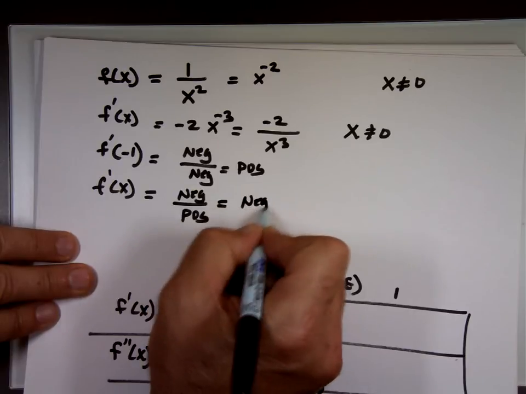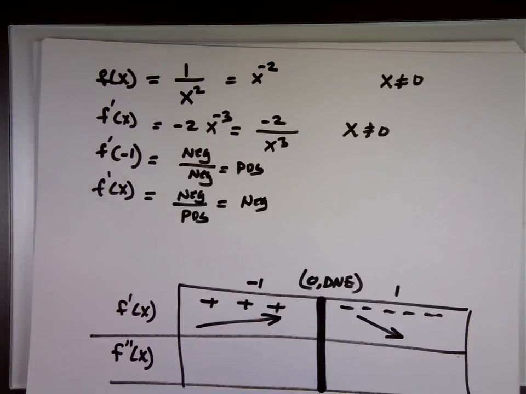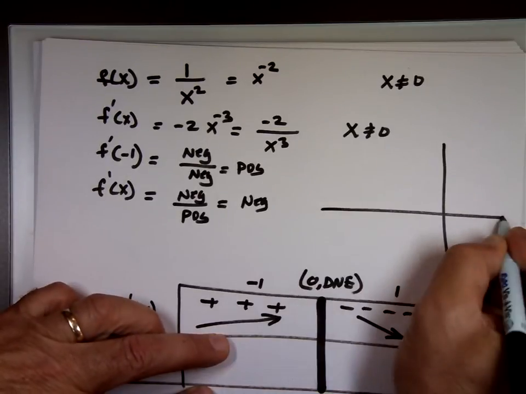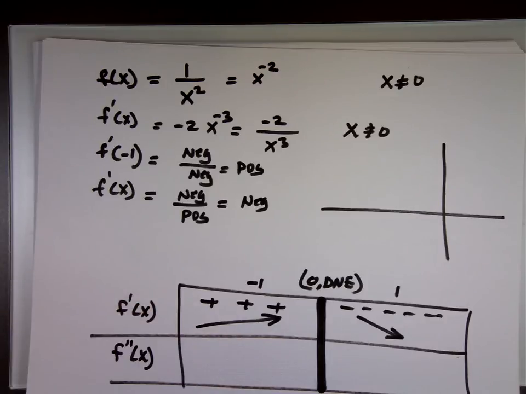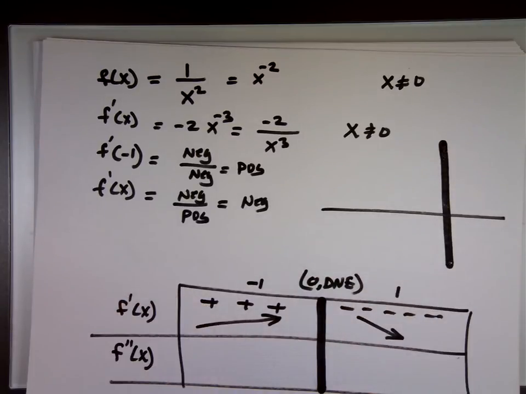I do not have a min or a max, because if you look at that problem, this is the vertical asymptote. It's increasing. Now, where does it start? You mentioned horizontal asymptote. My horizontal asymptote happens to be 0 here. We'll talk about that in section 4.5.